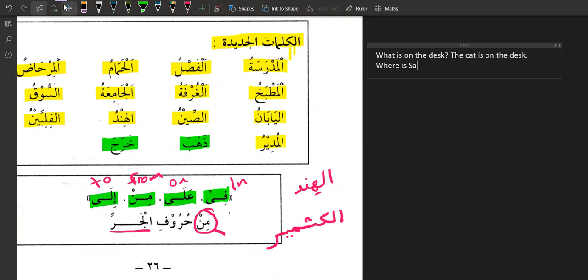All of these words are in the lessons. They're actually in the book. So where is Safiyya? She's in the classroom.